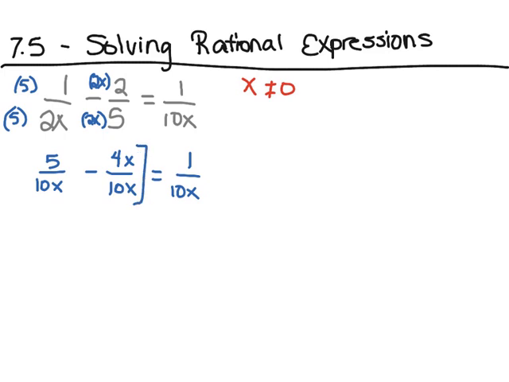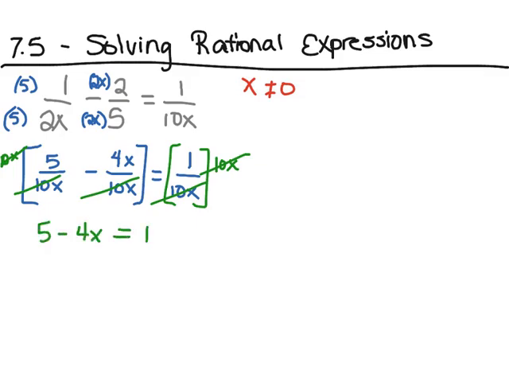So if you take this whole thing and multiply it by 10x, and this whole thing and multiply it by 10x, we did it to both sides, so it's okay. This will cancel this, and this, and this, and this. So you don't have to show this step, but once your denominators are the same, you can just get rid of them all. So it'll just turn into 5 minus 4x equals 1. That's pretty exciting for some math magic right there.